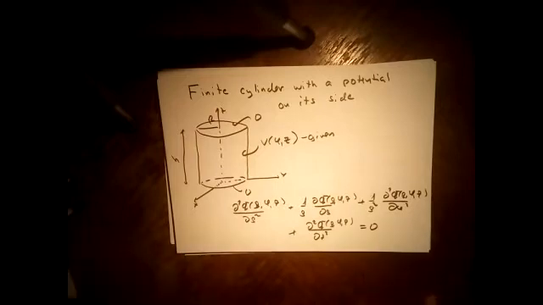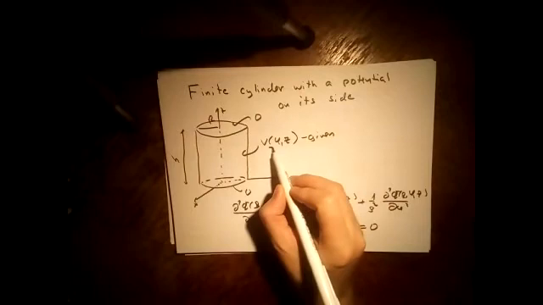Okay, so that's the full Laplace. And there's dependence in every direction here. Well, there doesn't seem to be dependence in phi, but actually there's dependence because of this potential.